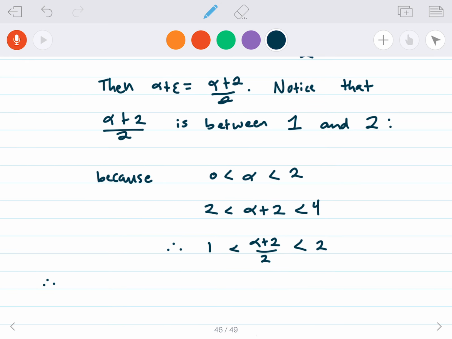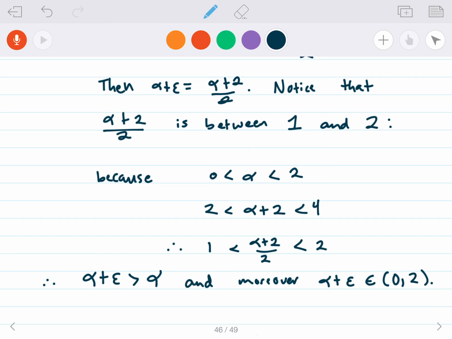Therefore, what can we conclude from this? Well, we know that alpha plus epsilon is greater than alpha because epsilon is something bigger than 0, so adding something to alpha is certainly going to be bigger than alpha. And moreover, since alpha plus epsilon was this guy, and we showed that this guy was between 1 and 2, alpha plus epsilon is in our interval.